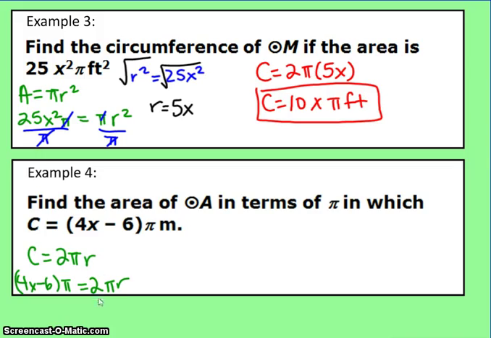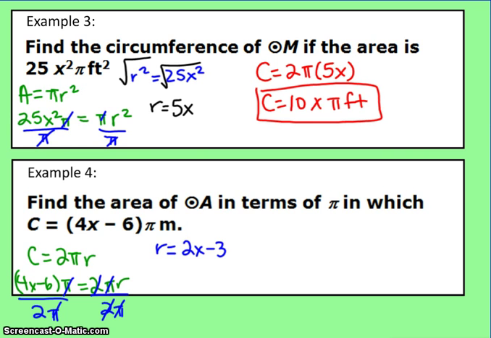In order to get r by itself, you divide by 2 pi. Remember, pi over pi is 1. 2 over 2 is 1. So I get r equals 4x minus 6 over 2. But I can simplify: 4x minus 6 divided by 2 is 2x minus 3. That's like multiplying 1/2 to the binomial 4x minus 6.